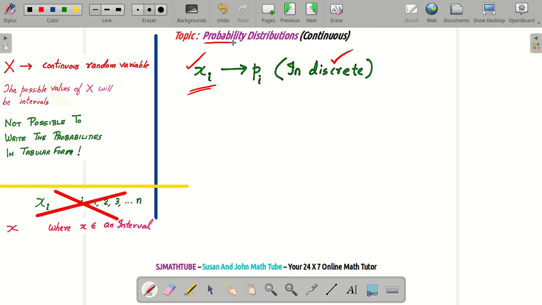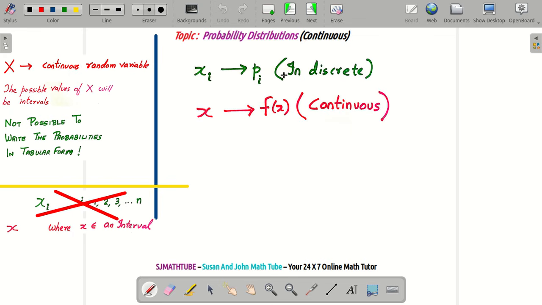Probability function means the input will be related to the random experiment and the output will be related to the probability of this particular value. Anyway, in continuous, we have our inputs as x, where x is any number in the interval, and the output or the probabilities will be given by the function values.